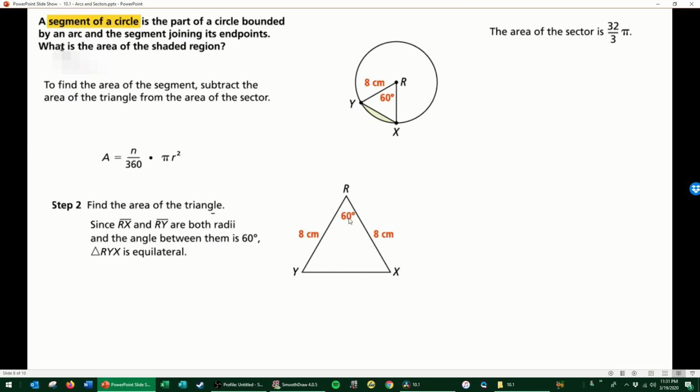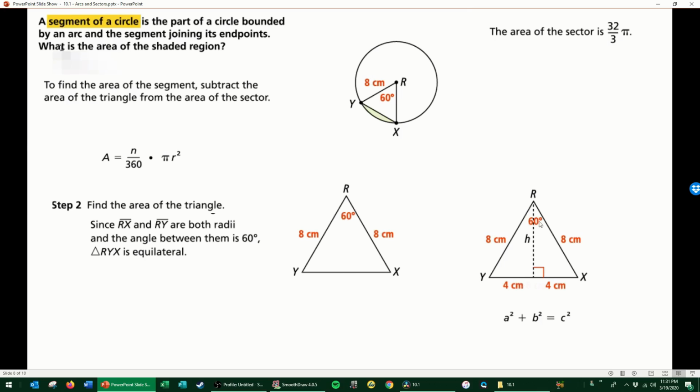How did they make that conclusion? Well, if this angle is 60 degrees and these two sides are the same, if opposite angles generate side lengths, for these two to be equal, they have to have the same angle across from them. So if I do 180 minus this 60, the known angle, I'm left with 120 divided by 2. I now have 60, 60, 60. Therefore, this must also make a side length of 8.